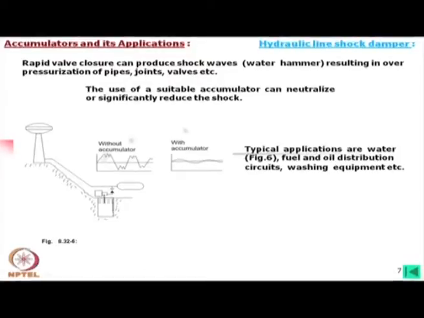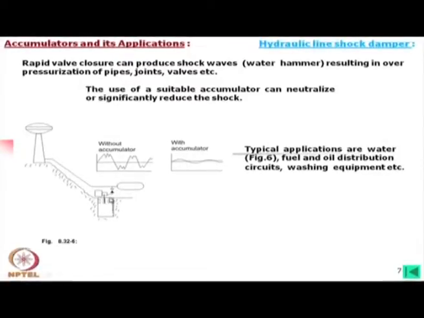Now, this is a water storage system, this is the pump from the reservoir and water is being pumped here. Let us consider there is no accumulator. Without an accumulator, if we suddenly close this valve, this side will be disconnected and there will be a water hammer inside, and this will be a large pulsation of the liquid.